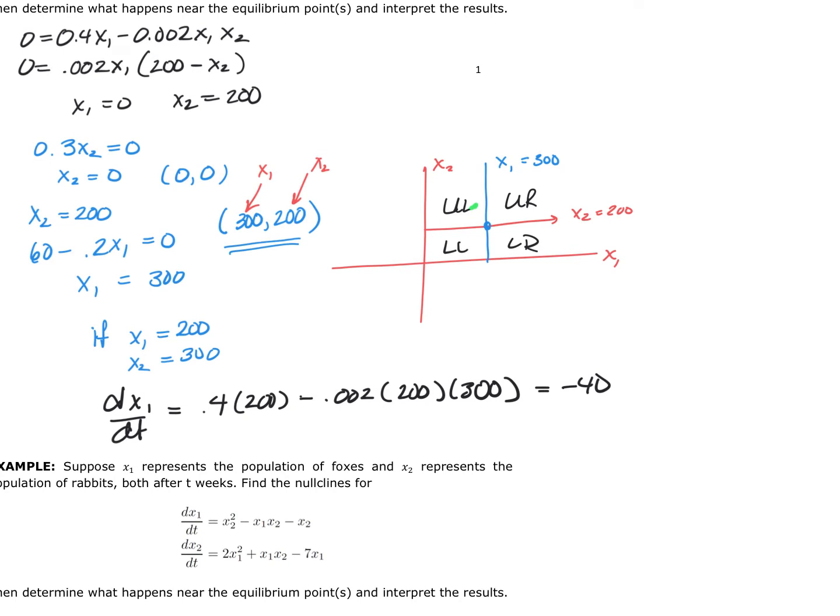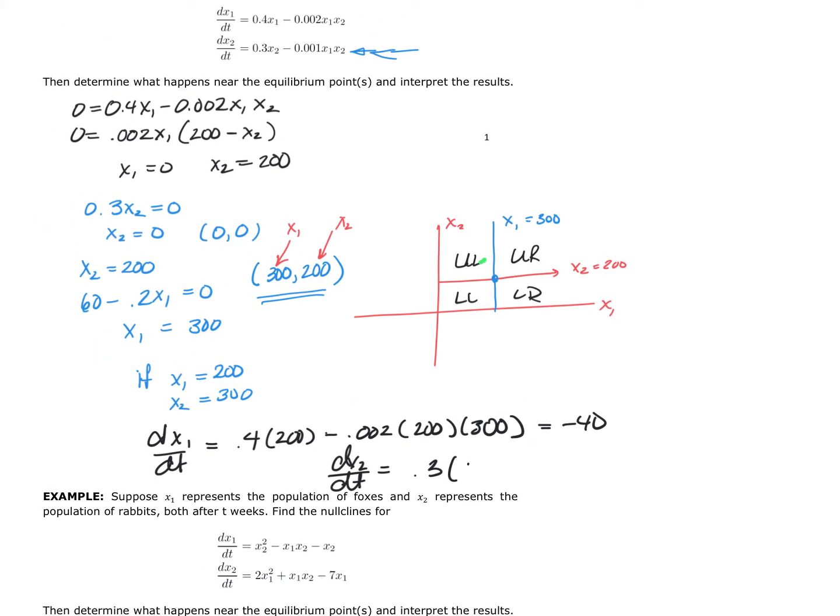Now I'm going to do the same thing for d of x sub 2 over dt, and this will equal 0.3 multiplied by my x sub 2, sorry, my x sub 2 should be 300, and then minus 0.001 multiplied by my x sub 1 and x sub 2, so 200 and 300. Once again, I'm going to get my calculator out, and this is a positive 30.